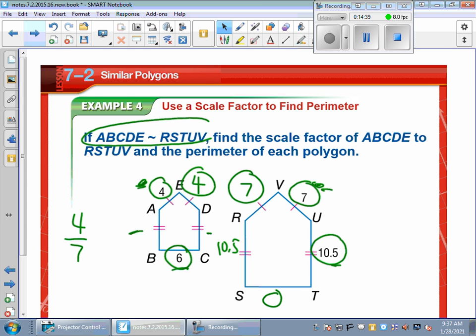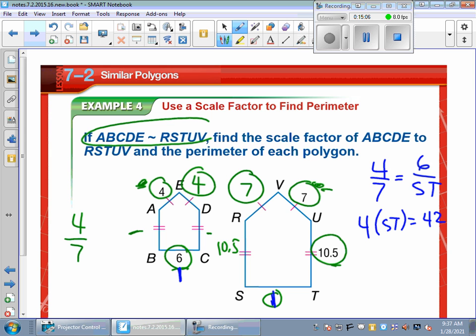So taking a look at what we have, a scale factor of 4 to 7. Let's say we wanted to use this 6 to find this side right here. So we're going to go 6 over ST. So that's going to give us a chance to find our ST. So 4 times ST equals 42.